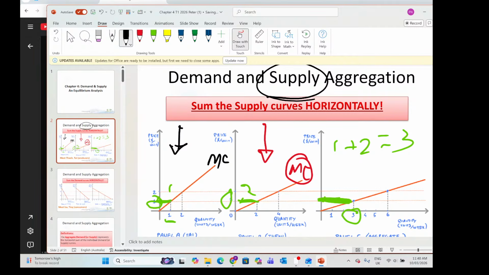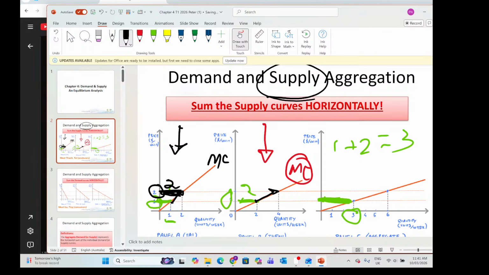If we then go up a price, we can see that we're moving up Thai's curve. We're also moving up Theo's supply curve. So both of these guys are obeying the law of supply. But now at price 1, the black interval is now 2.